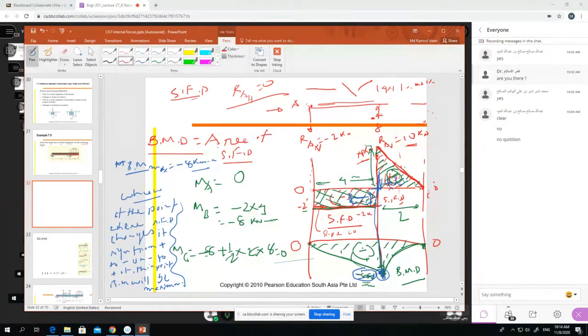Here our original force is showing like this, so we have 8 kilonewton. If we go from B to C, every point is upward and every point is decreasing. So it was 8, then decreasing like this.